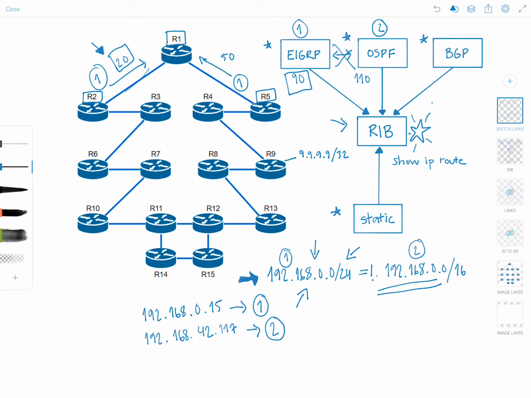And then after that, the routing protocols themselves compare the metric in case they learn the same route from different neighbors, or they have multiple paths to the same network. They use the metric inside the routing protocol to decide which one is the best for that protocol.